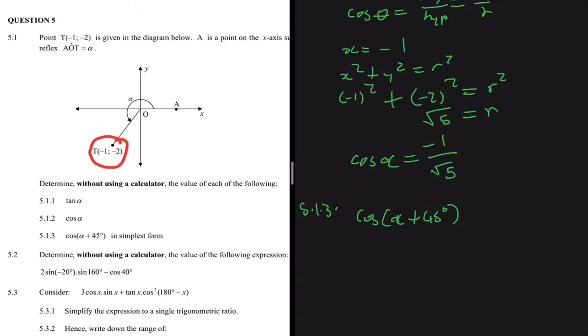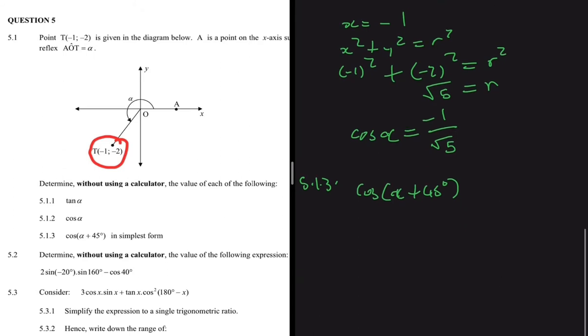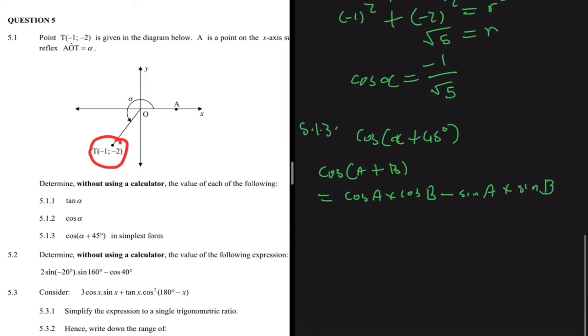Now it will be a good time for you to pull out your trig identities, because we know fully well from definition that cos of A plus B is equal to cos A multiplied by cos B minus sine A multiplied by sine B, right? That's exactly how we're going to do this question, because there's no way we can compute this as it is without using a calculator or changing it to this trig identity that we're introducing.